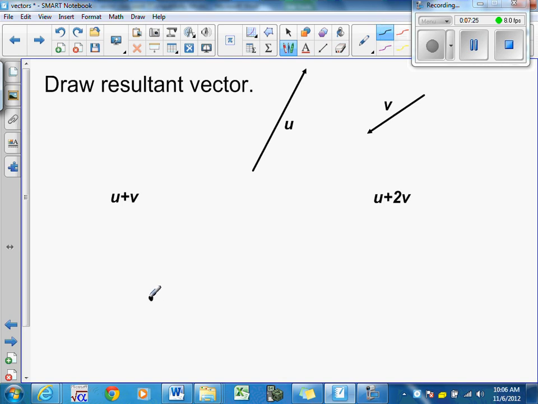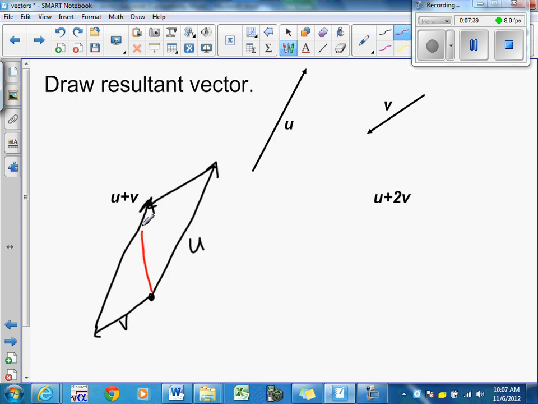They're both working on a dot. We always want to draw them from a dot. U goes that way. V goes that way. So I redraw V up here, draw U to get my parallelogram. Diagonal is my result.